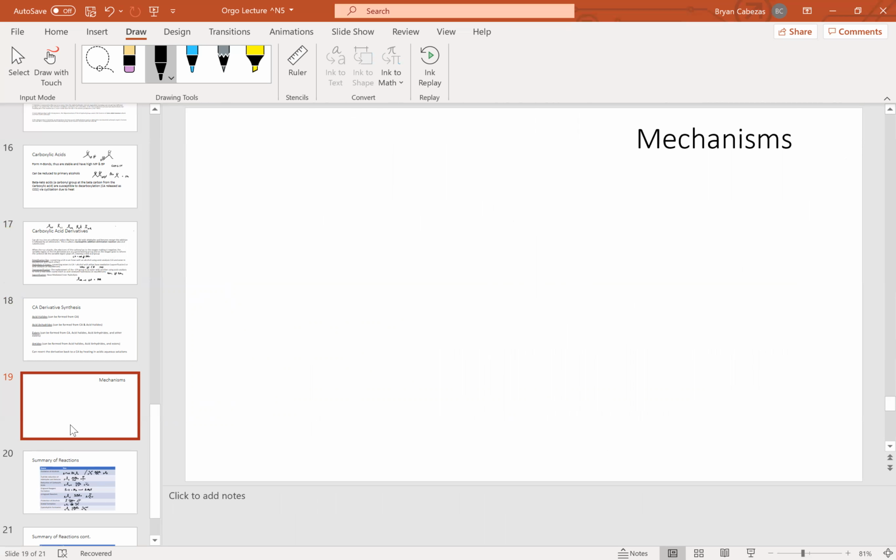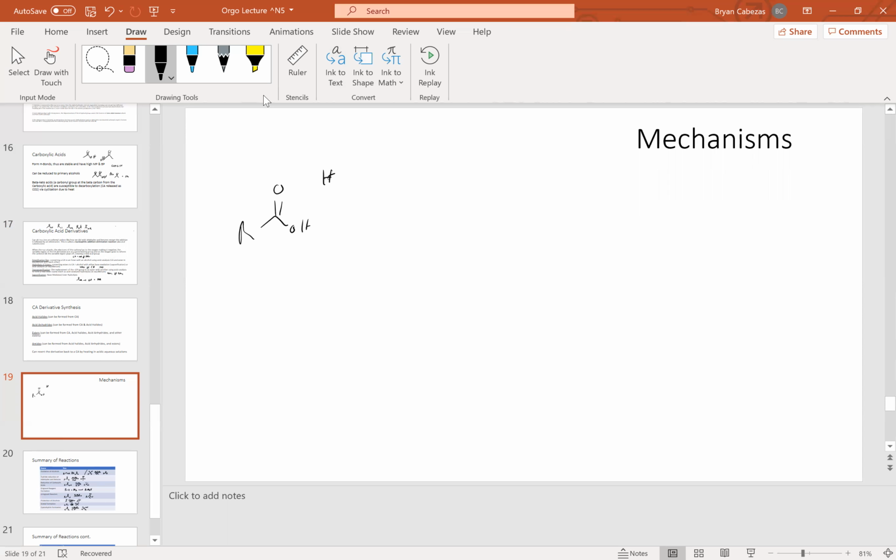All right, so let's start off with the mechanism for the ester formation, so esterification. So let's say we start off with our carbonyl group. As always, we're going to be protonating our oxygen just to make sure that the carbonyl carbon becomes a strong electrophile.